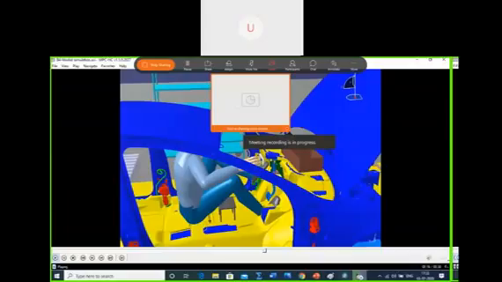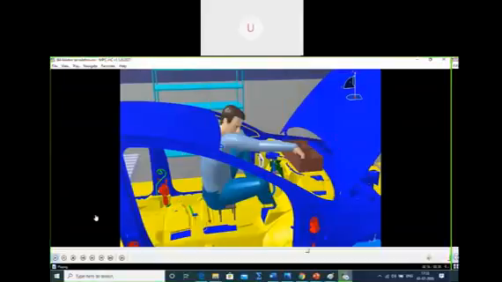I think you can see this one, no? Can you see this one?